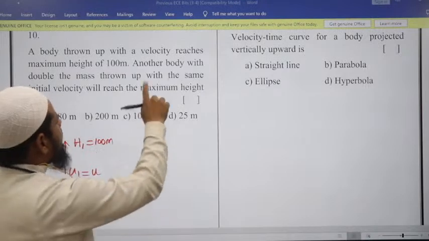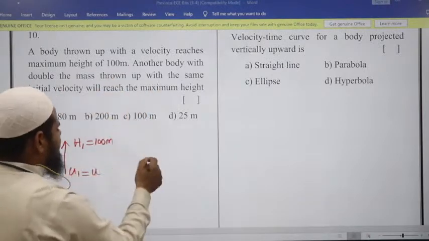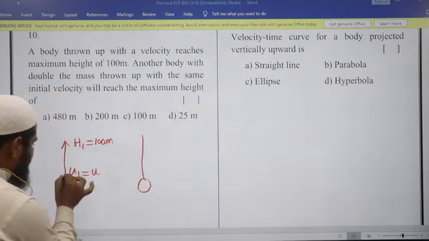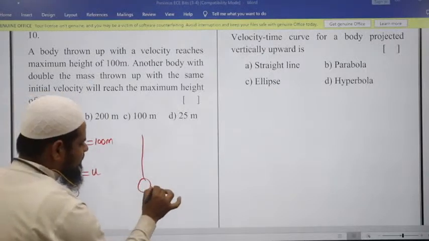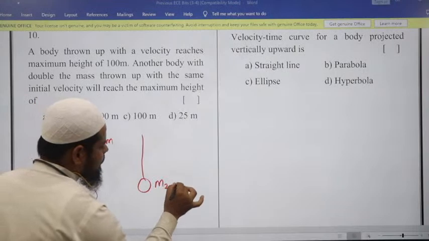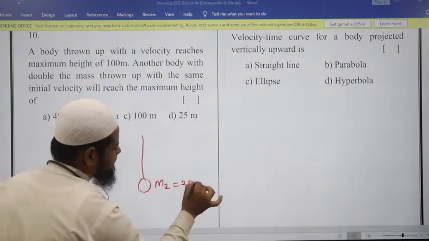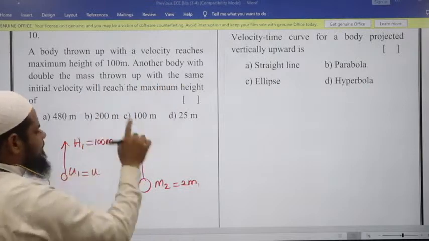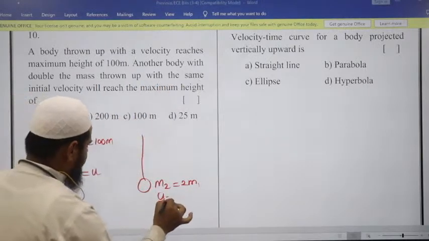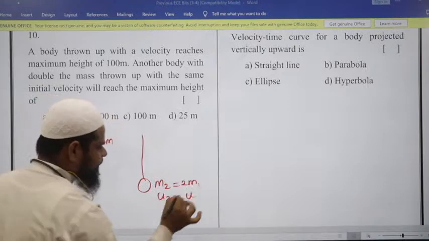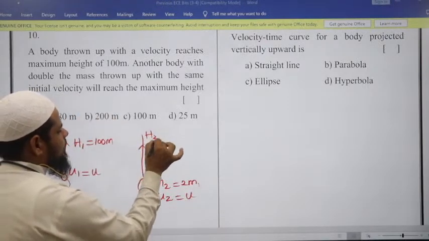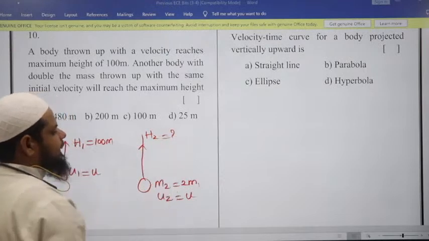Another body with double the mass, here I am taking another body, the mass of this body is 2m1, thrown up with the same velocity, it means u2 is also u only. Then what would be the height? That's what he is asking. What is the height attained by the body?